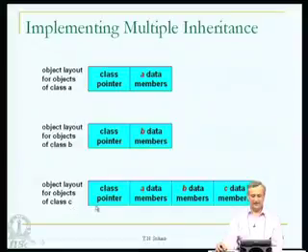So, class C inherits both from A and B. Should we place A's data members first or B's data members first? C's data members will always come after the members of A and B, so that is not an issue. Should A come first or B come first?